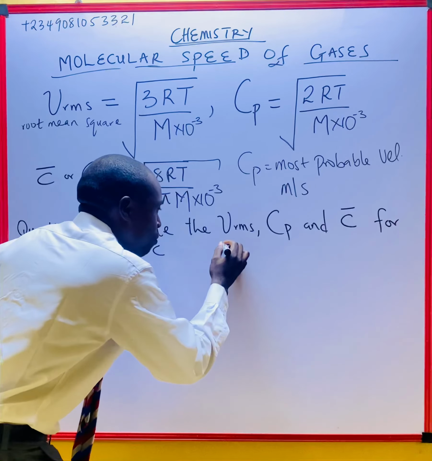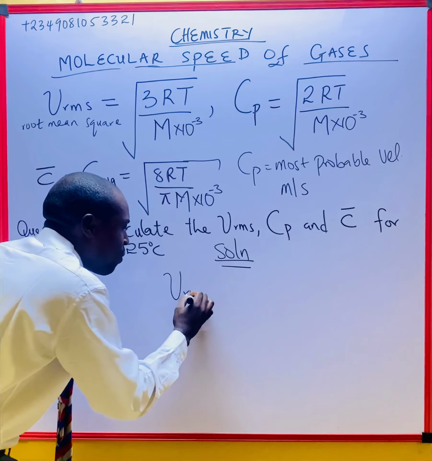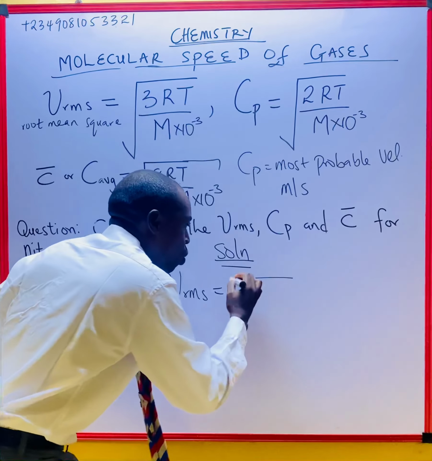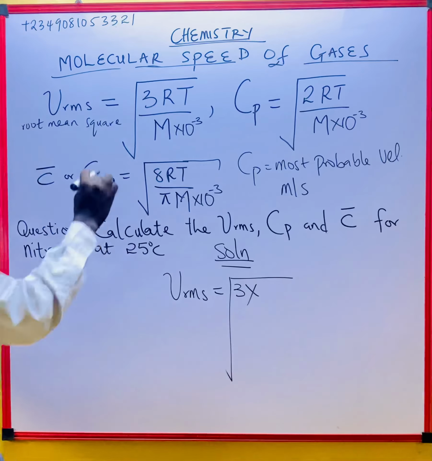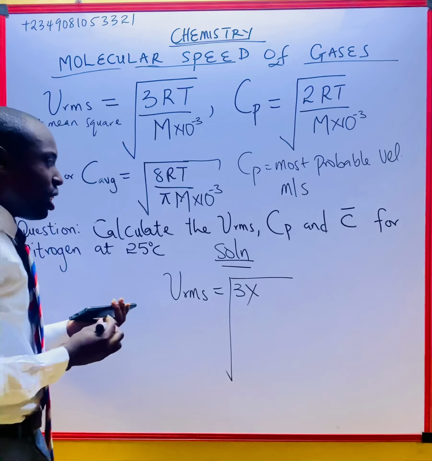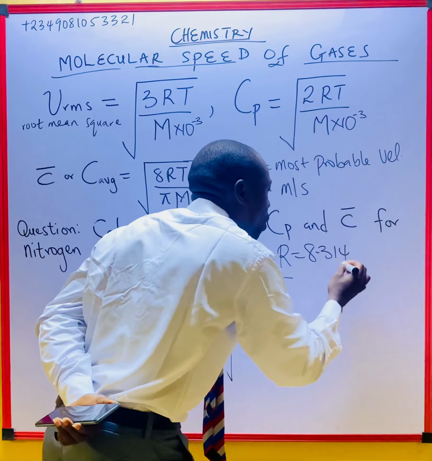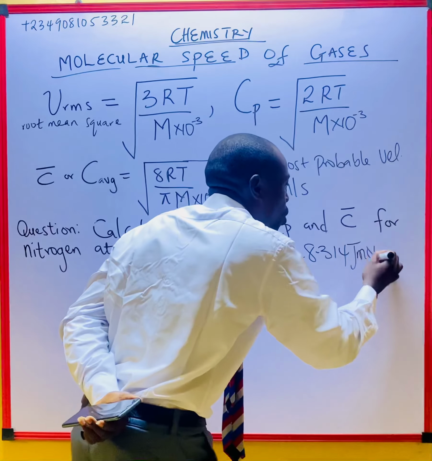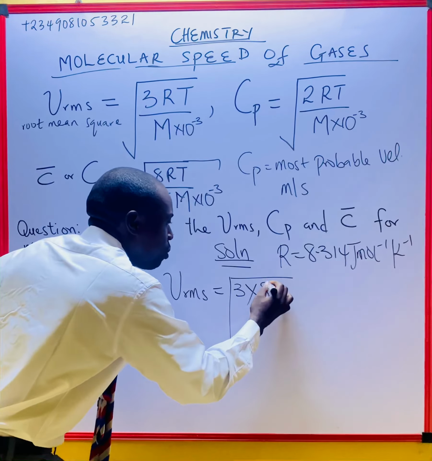The formula for root mean square velocity is the square root of 3 multiplied by R, the gas constant in joule per mole per Kelvin, which is 8.314, multiplied by your temperature. The temperature must be in Kelvin because of your gas constant.